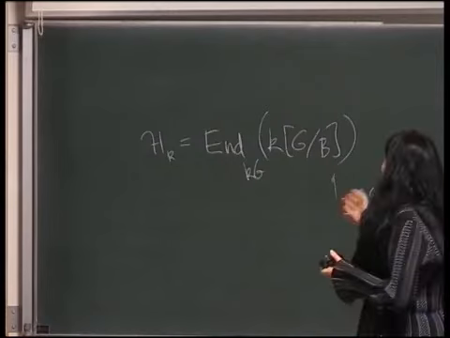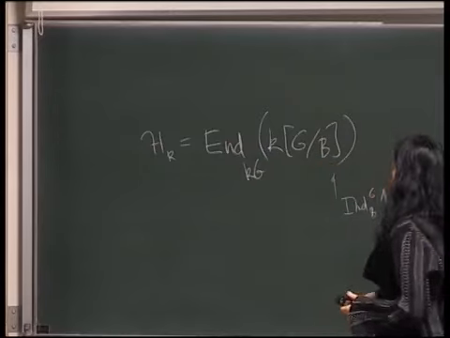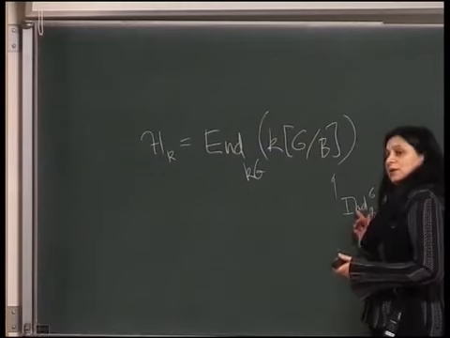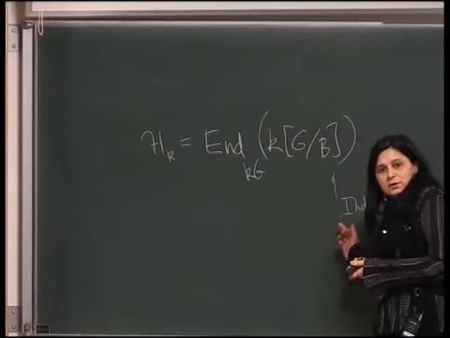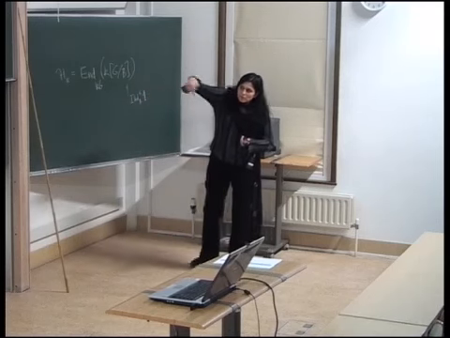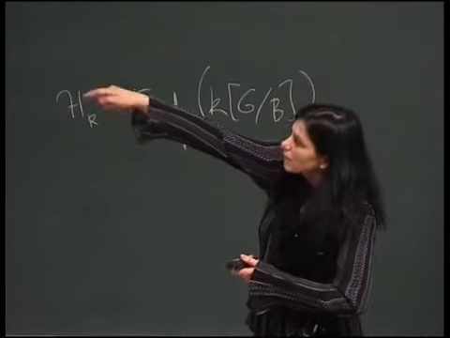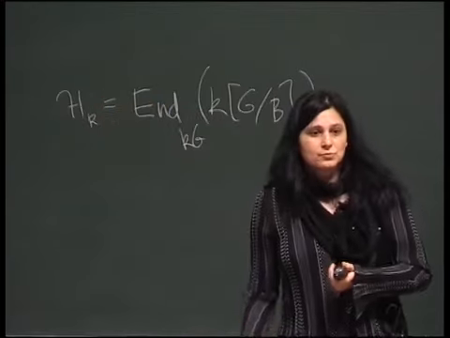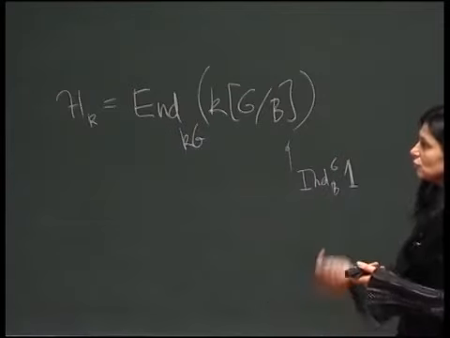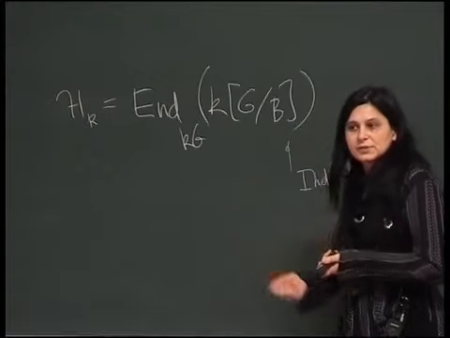Now, if you look at some variation of this, so instead of taking induction, you take Harish-Chandra induction, and instead of going from the Borel to G, you start from parabolic subgroups. Actually, you do Harish-Chandra induction from Levi subgroups, and you do this not only on the trivial representation, but on cuspidal representations.